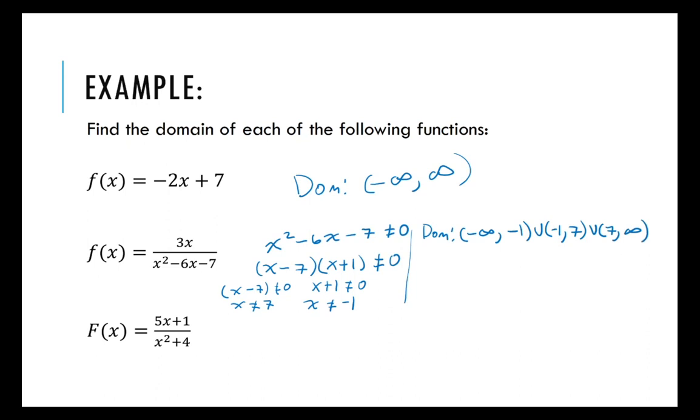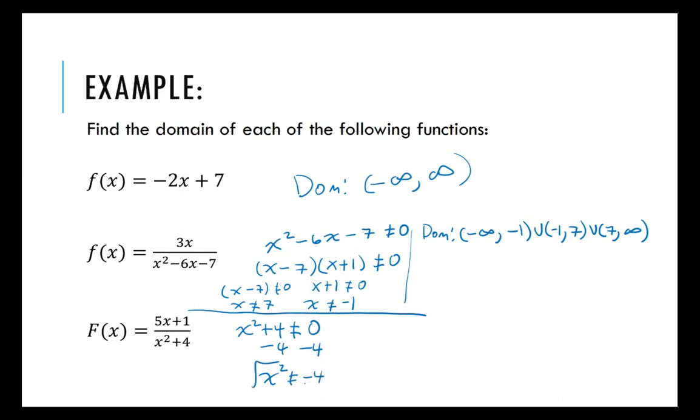Then moving on to this last function, notice, do we have any division by variables? Yes, we have division by x squared plus 4, and so we need to check that. So we say x squared plus 4 cannot equal 0. Solve it, minus 4 minus 4. X squared cannot equal negative 4.